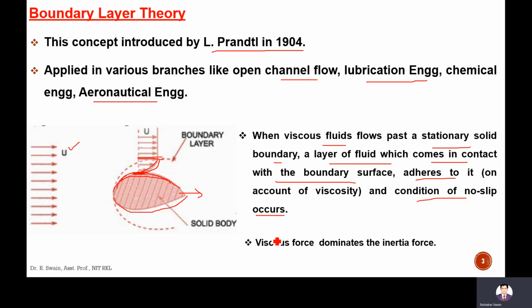And the viscous force dominates the inertia force. Here at the boundary, the viscous force is more important. That actually dominates the inertia force. Due to that, the boundary layer occurs, meaning there will be impact, and the condition of no slip occurs. What is no slip?